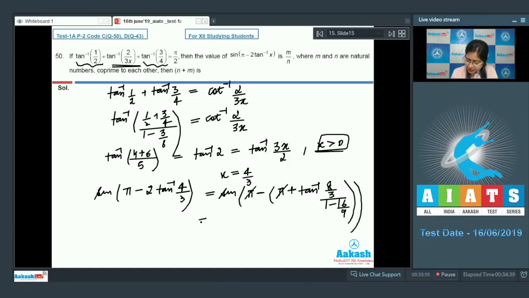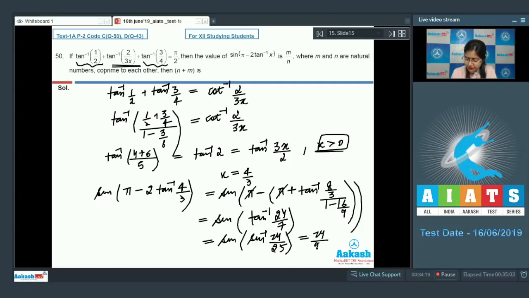So these two will get cancelled. So we will get sine of, minus can be taken inside, so we will have tan inverse 24 by 7. That will be equal to sine of sine inverse 24 by 25. So this is equal to 24 upon 25, which means that m plus n will be equal to 49.